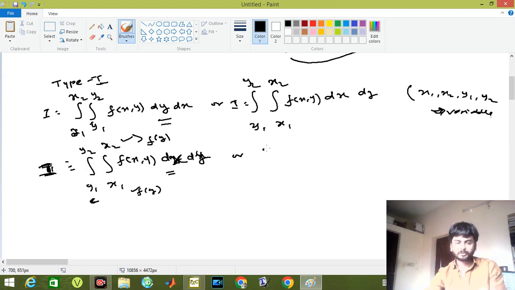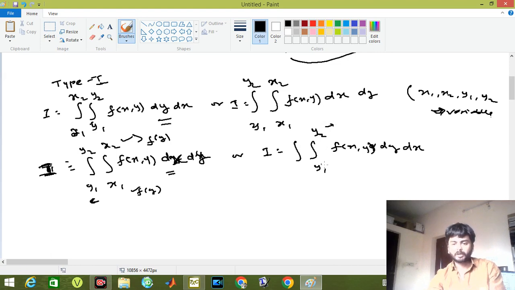My next question is, here you have the double integral from y1 to y2 of f of x comma y, with dy dx. Suppose y1 and y2 are functions of x.